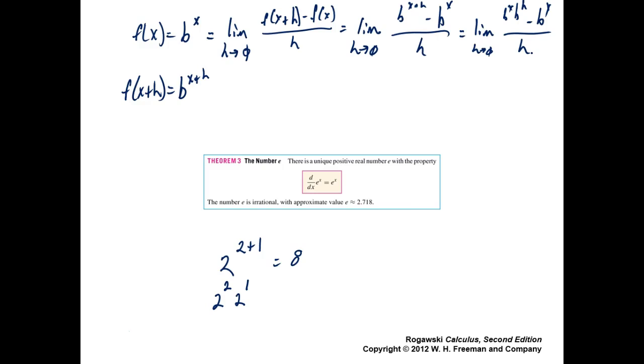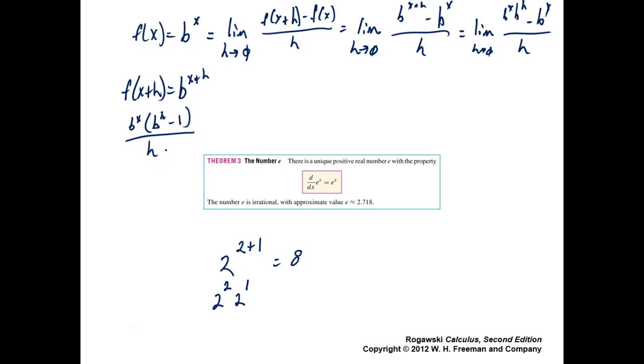Right? Okay? Now, that numerator is all right to leave off the limit for a while. I'll put it back in later. I'll just get tired of writing it. Factor out the b to the x, and that leaves us b to the h minus 1 over h.